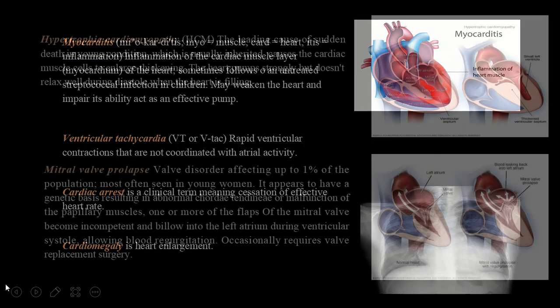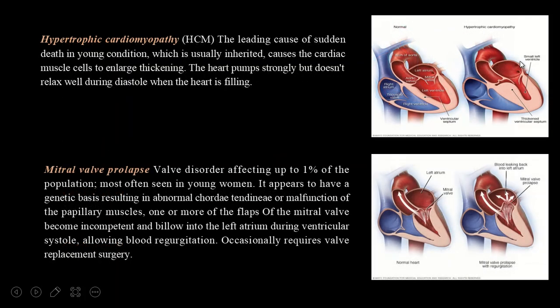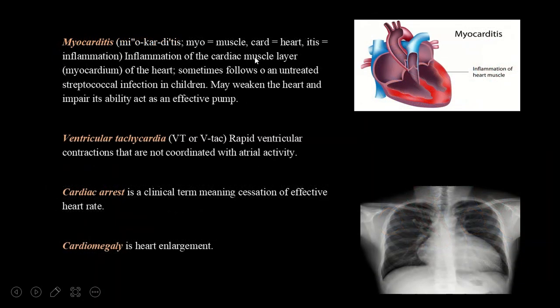Diba dito sa isa is the cardiac muscle, itong myocardium thickens. That is the hypertrophic cardiomyopathy. Dito sa myocarditis, there is an inflammation sa myocardium. Sometimes follows on an untreated streptococcal infection in children.